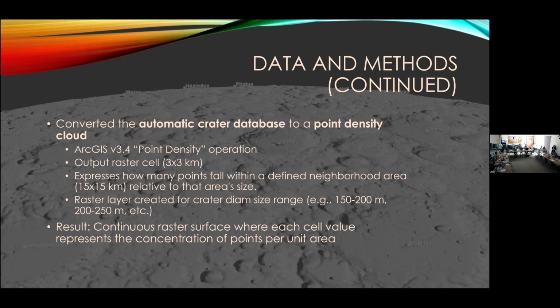Then we kind of layer cake, slicing it up into layers of 50 meters in diameter crater sizes. So you're working with these different layers, which makes the data more manageable that way. The end result is a continuous raster surface where each cell represents the concentration of points, AKA craters per unit area, of a given size.